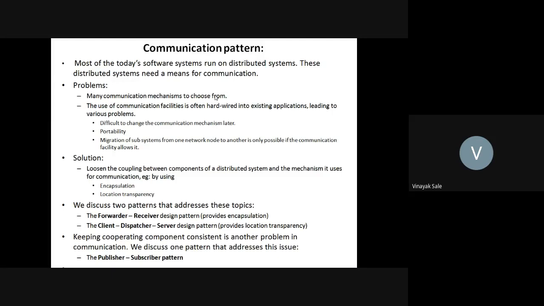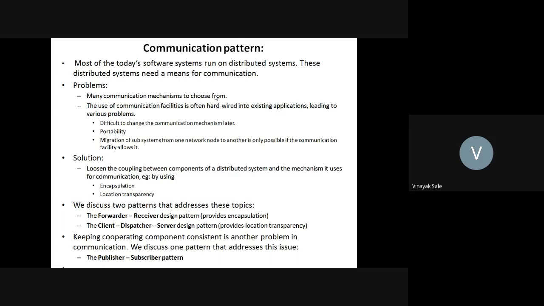The use of communication facilities is often hardwired into existing applications, leading to various problems such as difficulty changing the communication mechanism later, then portability, then migration of subsystems from one network node to another is only possible if the communication facility allows it.